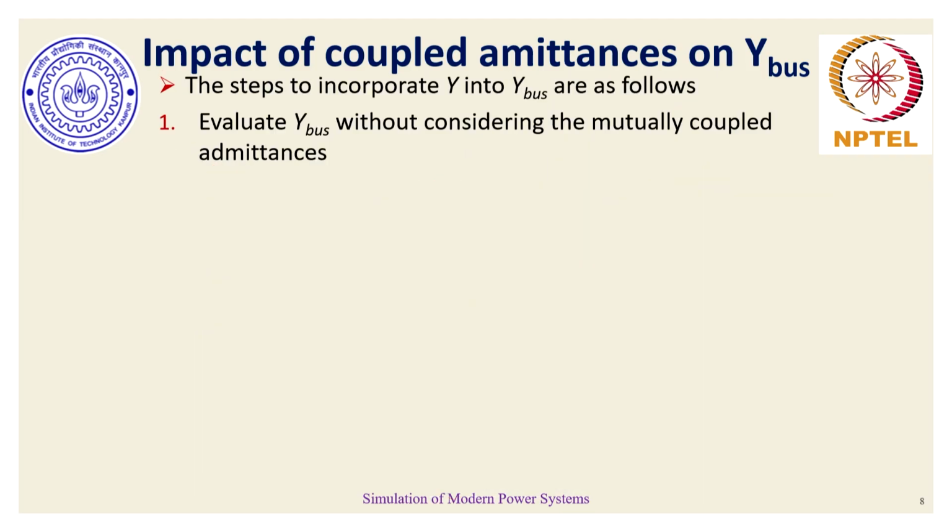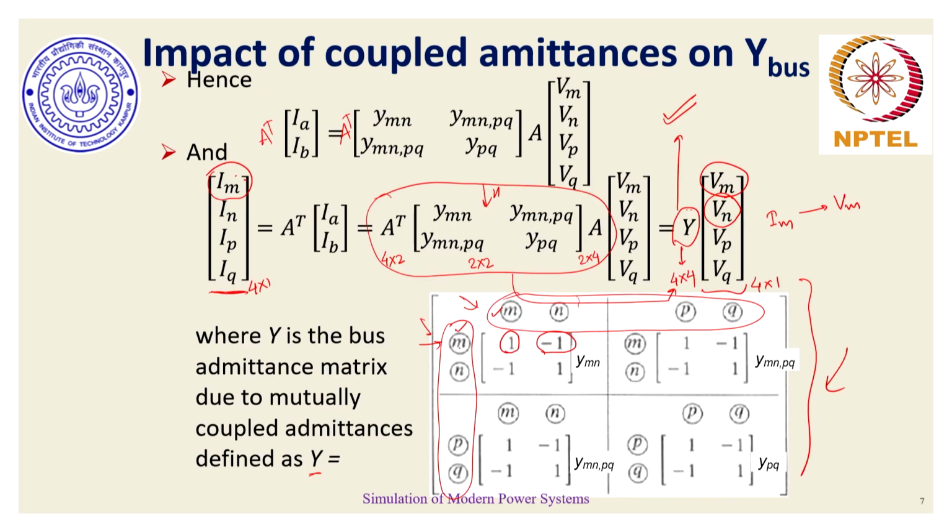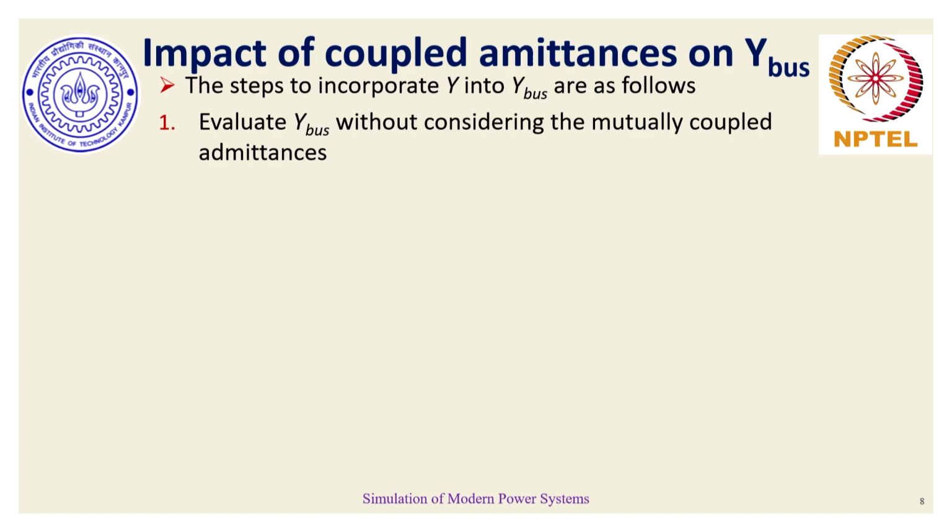Now, having evaluated this Y bus matrix, which is a 4 cross 4 matrix for two mutually coupled transmission lines in a given power network, how do we find the actual N cross N matrix for the given N bus network? Whatever mutually coupled admittances or impedances are present in the network, let us for the time being ignore them altogether.